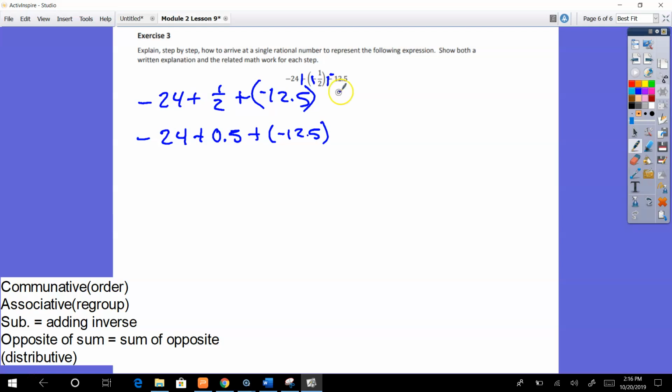So first thing, changed subtraction to addition. Next, changed fraction to decimal.